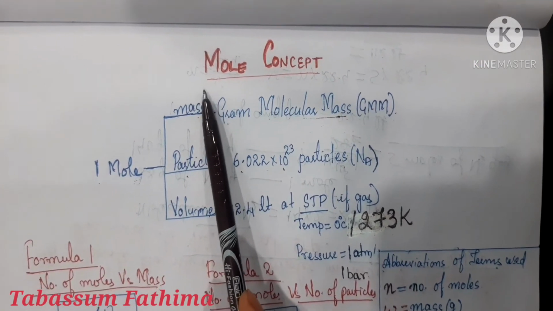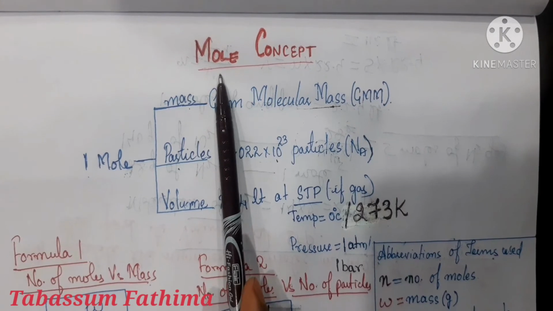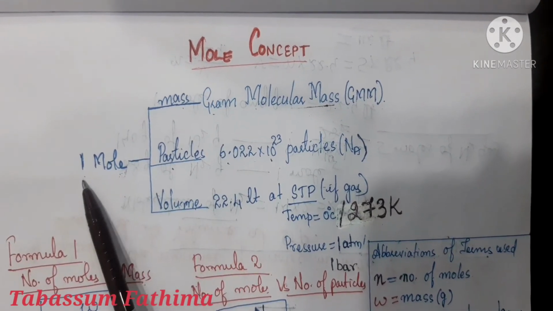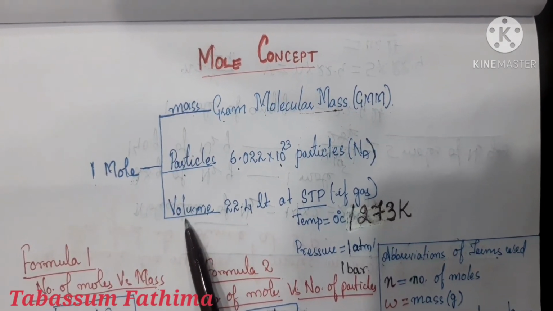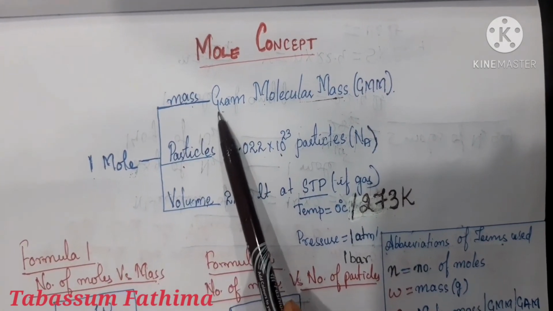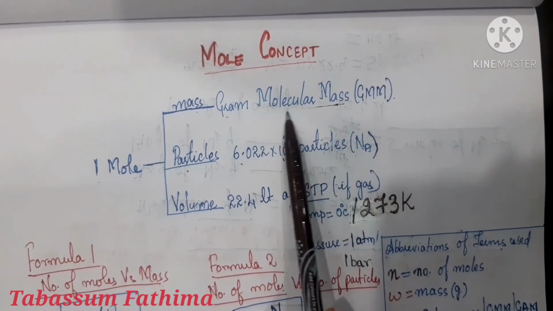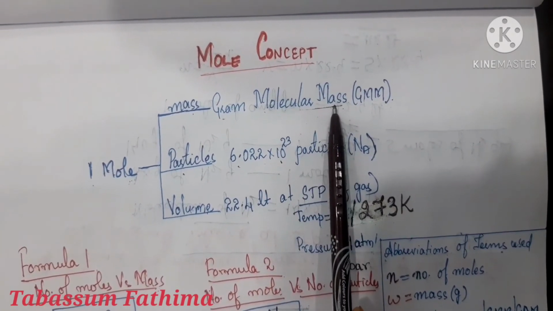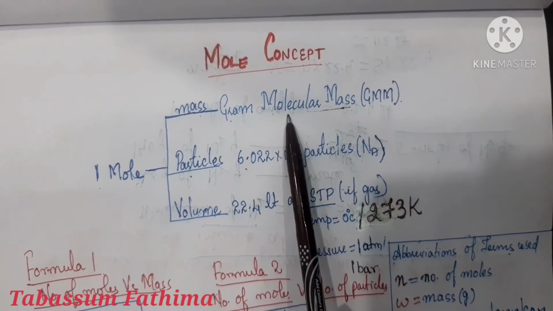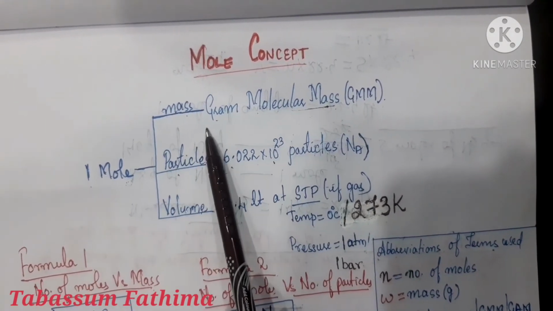Students, now let me summarize the mole concept on the concept board in terms of mass, particles and volume. 1 mole in terms of mass is always considered as gram molecular mass. Gram molecular mass is nothing but the molecular mass of the molecule in terms of grams.